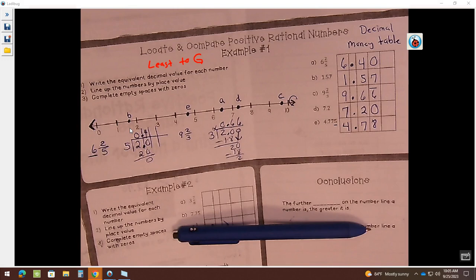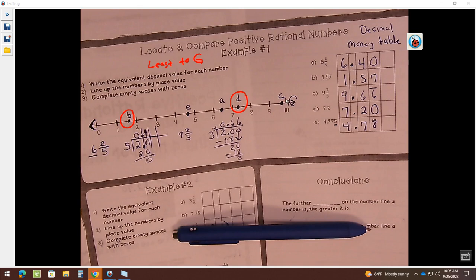If I wanted to compare only two numbers, let's say point B against point D, what can I say? Point B is less than, because it's more to the left. If you're more to the left, you're lesser. Is less than point who? D. Let me compare another one.